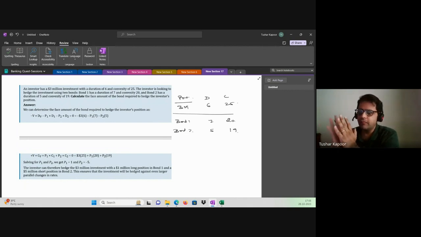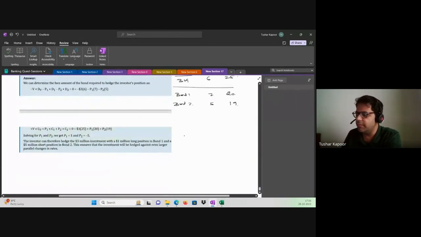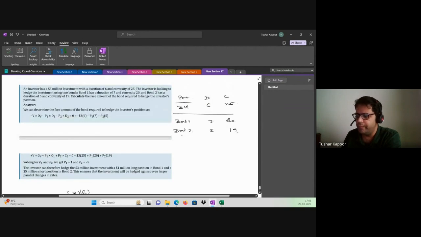Now remember, whenever you add to your portfolio, you want to hedge your portfolio's duration with the duration of the hedging instrument. So think of it this way. I am trying to hedge the portfolio duration, which is 3 million multiplied by 6, by adding a position, which is plus the duration of 7 for bond 1.